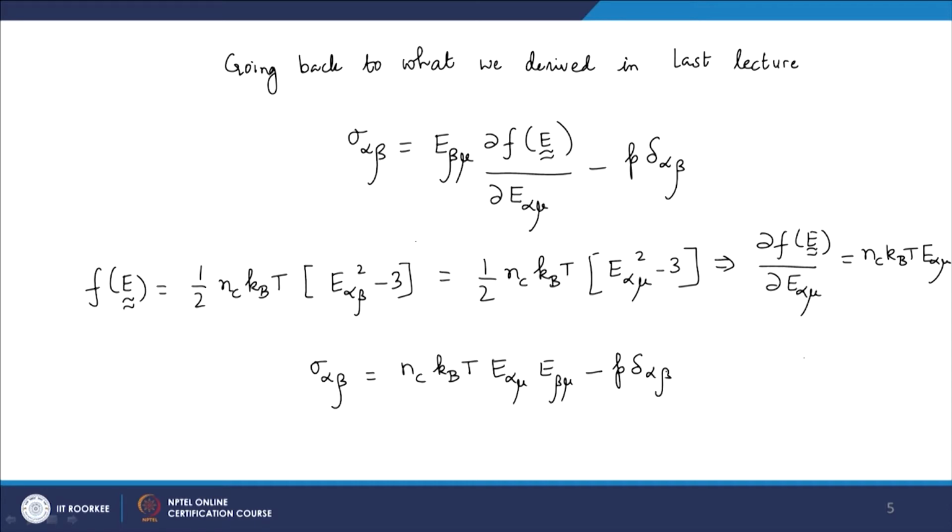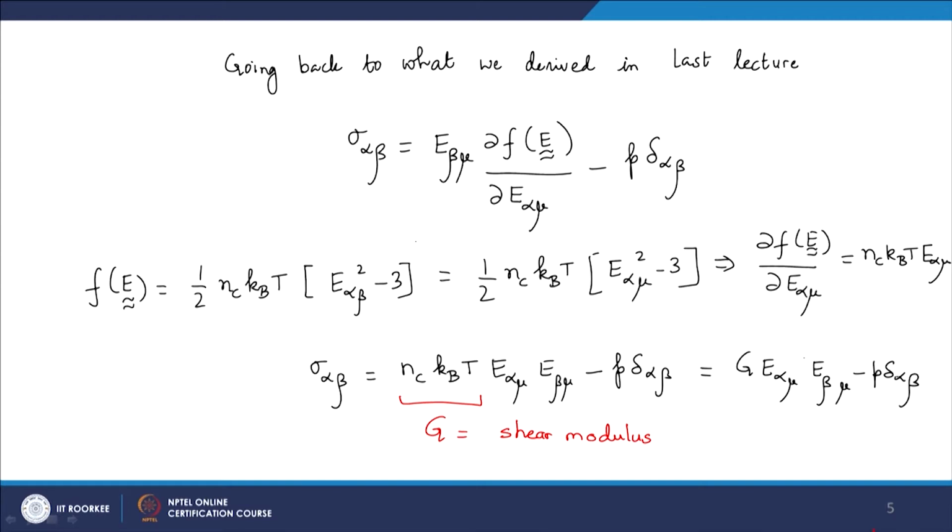so we will identify this quantity as my shear modulus G, for reasons that will be clear in some time, and then this will be equal to this.